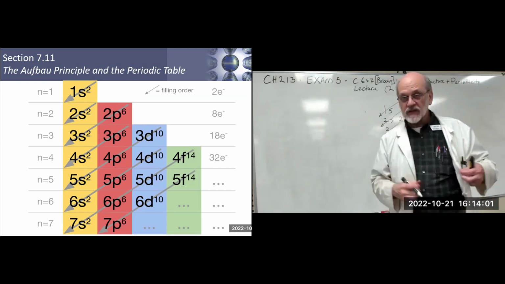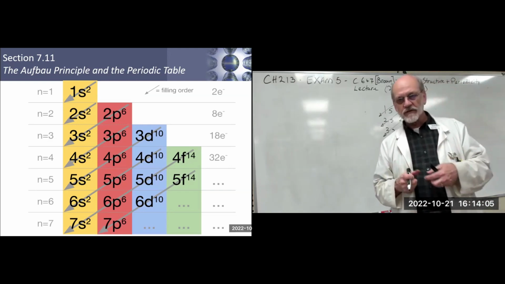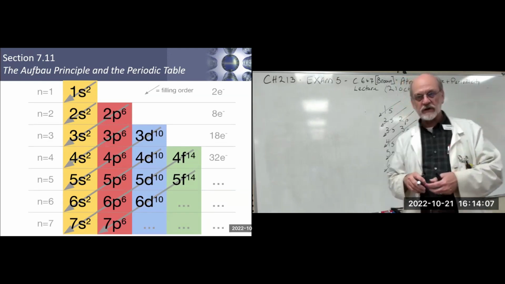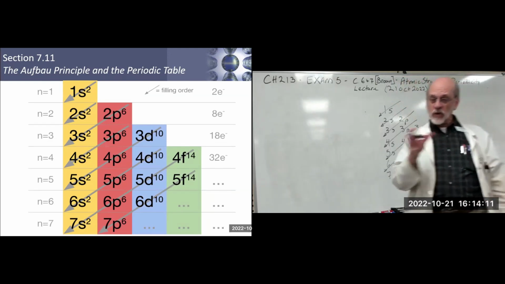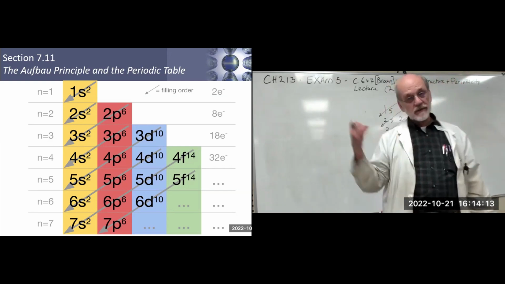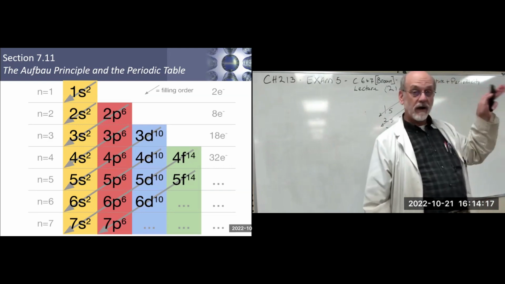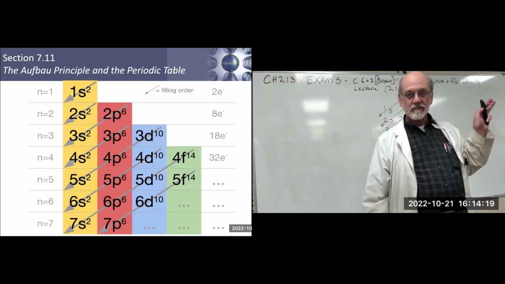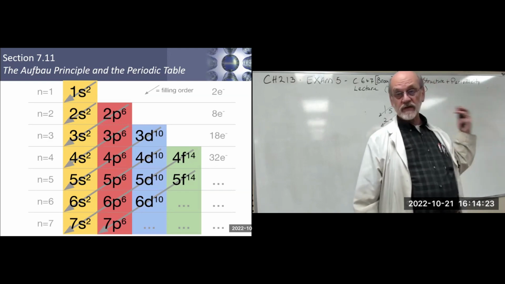That way you can get them in the proper order of energy so that the Aufbau principle is honored. But if you know how the periodic table is structured, you don't need that. If you know what's where, then you can write the electronic configuration without going to this device.